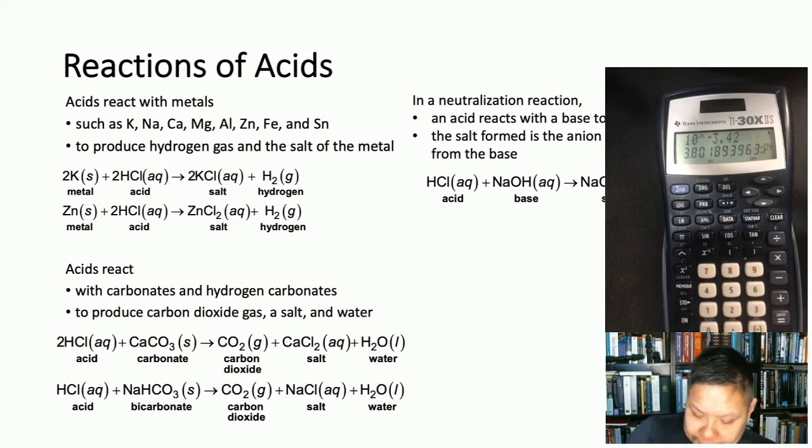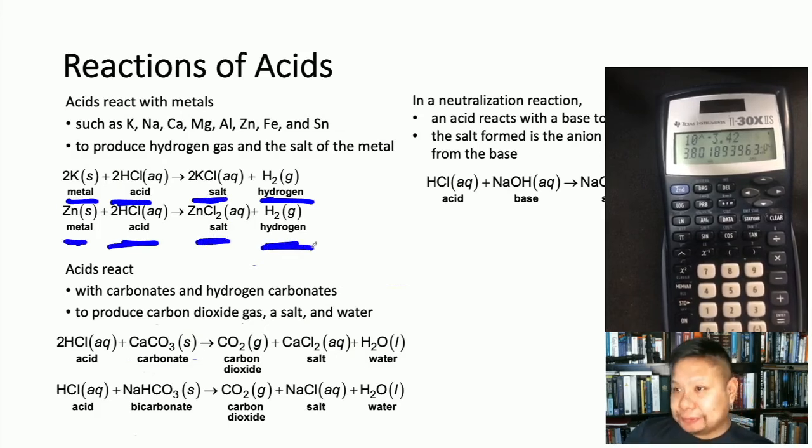So, for example, when potassium reacts with hydrochloric acid, you get potassium chloride and hydrogen gas. Or when zinc reacts with hydrochloric acid, you get zinc chloride and hydrogen gas.